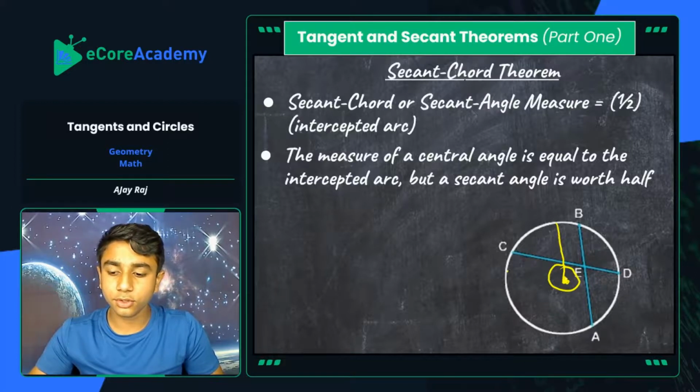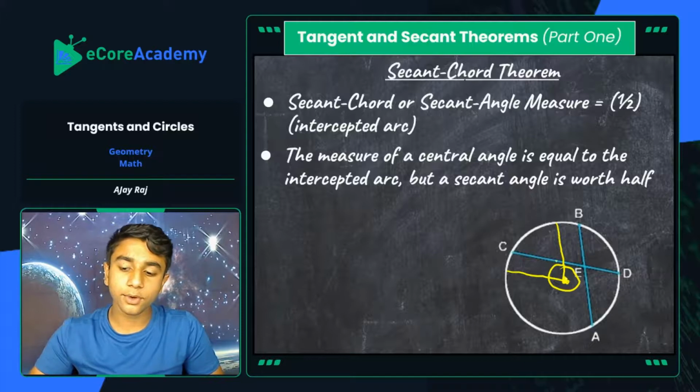As soon as you have two lines that intersect at that center, you'll have different angle measurements. When you're given an angle measurement such as this piece that we've just cut out, it's going to be worth the same value as this arc measure right here.